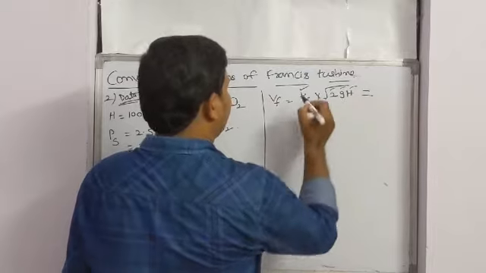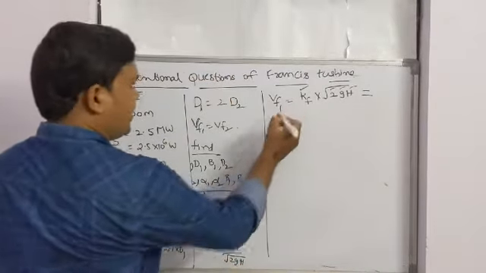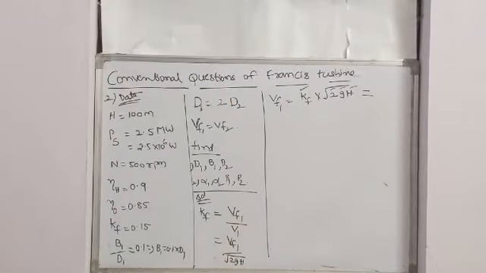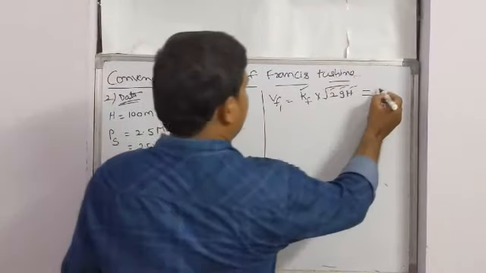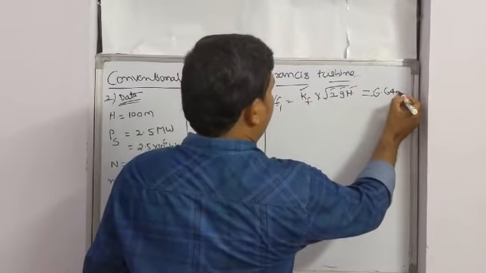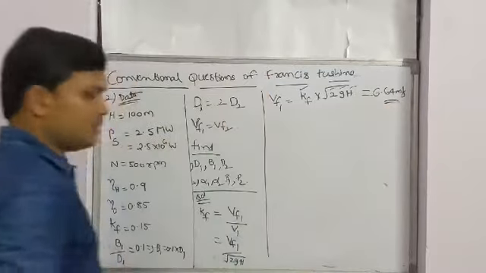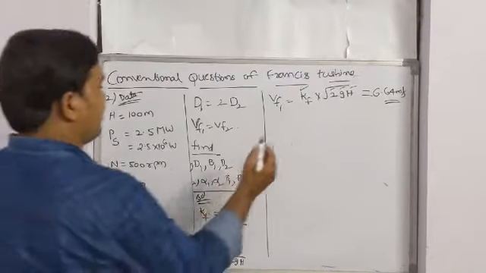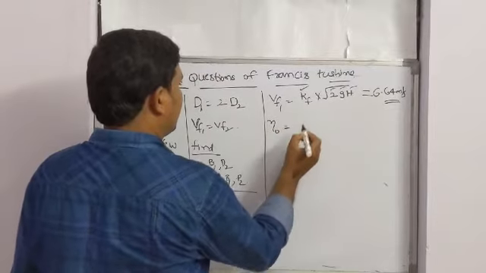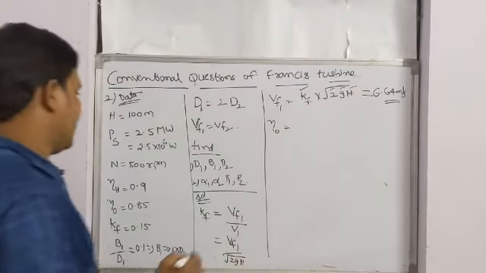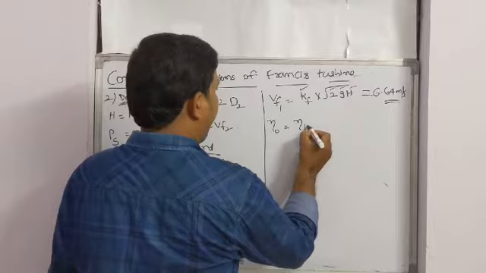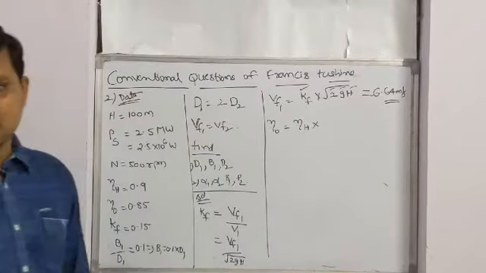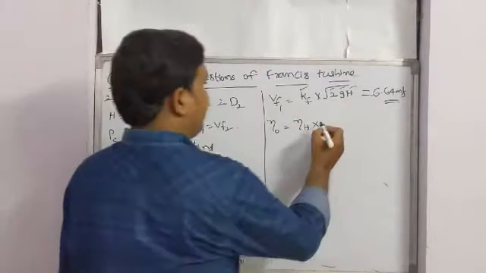By substituting all these, Vf1 we will get as 6.64 meters per second. Then next we will find the overall efficiency. What is overall efficiency? Hydraulic efficiency into mechanical efficiency.